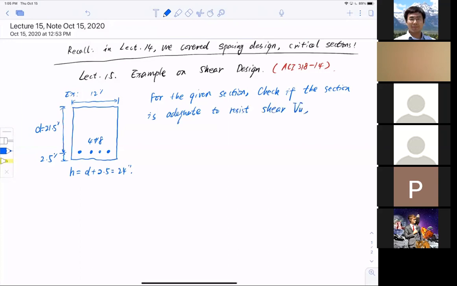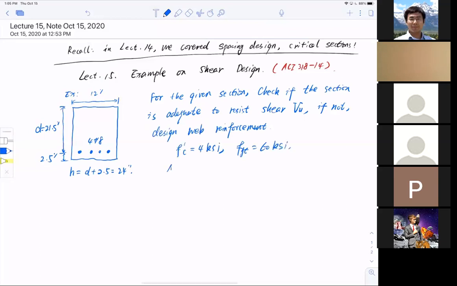We'll give you a series of Vu numbers. And if not, we need to design shear reinforcement, or we call it web reinforcement. They're the same thing. The material properties are given: f'c is 4 ksi, and fyt, which is the yield strength of the stirrups, is 60 ksi.